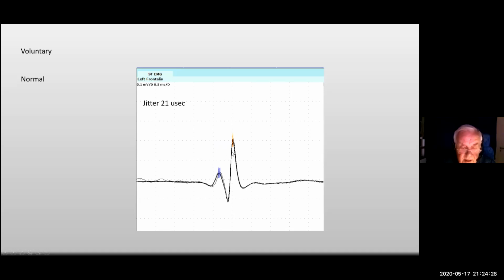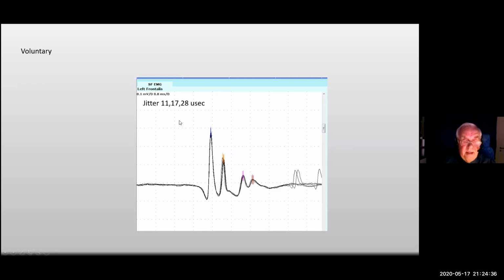So this is stable, and this is parallel, so this can be accepted, and the jitter is 21 microseconds. Here we trigger on the first, and then there's a variability in the second, third, fourth. And here is some spurious recordings. So we can measure between 1, 2, 1, 3, 1, 4. So we get three measurements here.